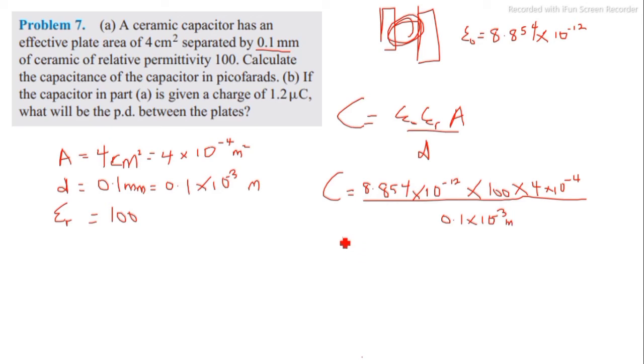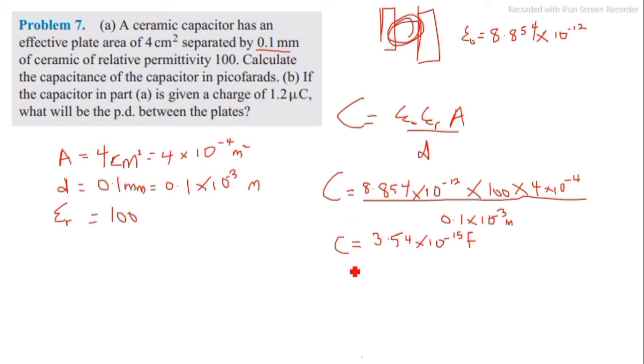If you calculate this, the capacitance will be 3.54 times 10 to the power minus 15 farad, and you are asked to put it in picofarad.